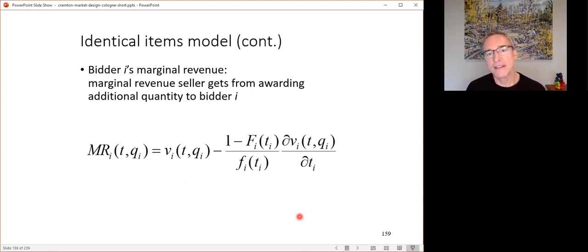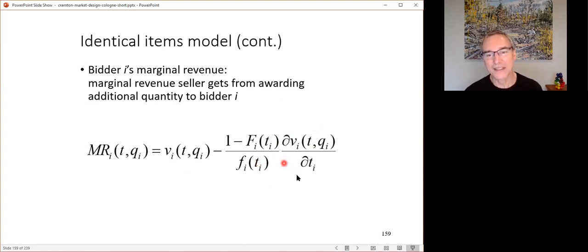So the next thing, and this is actually more a result than a definition, but in the single item case, if this was a single item, then my virtual valuation would just be v minus 1 minus the distribution over the density, the inverse hazard rate.